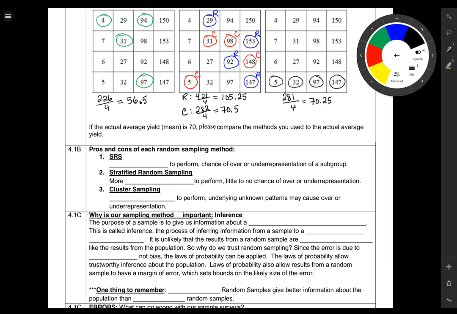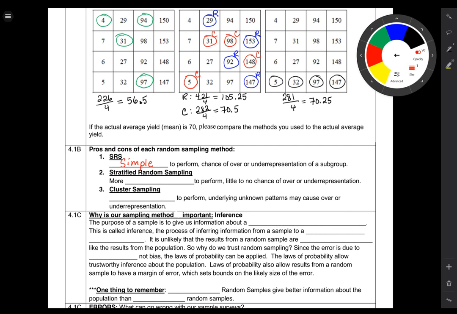So what are the pros and cons of each random sampling method? The simple random sample is simple to perform. It's the one we use most often. There's still a chance of over or under representation of a subgroup. And when that does happen, that's when we pull in the other 2 that we talked about today.